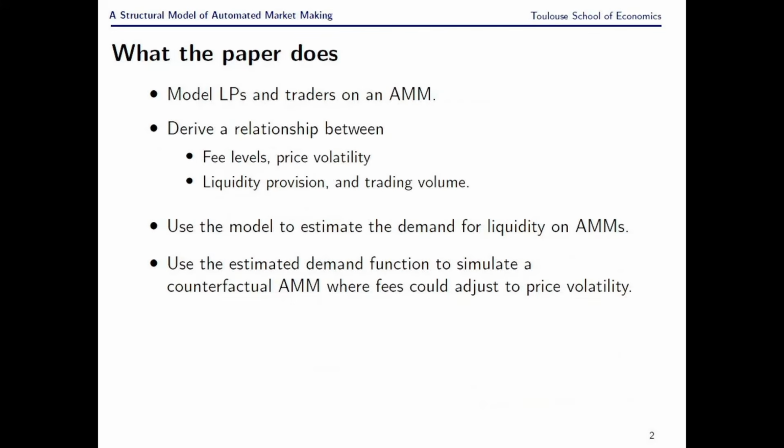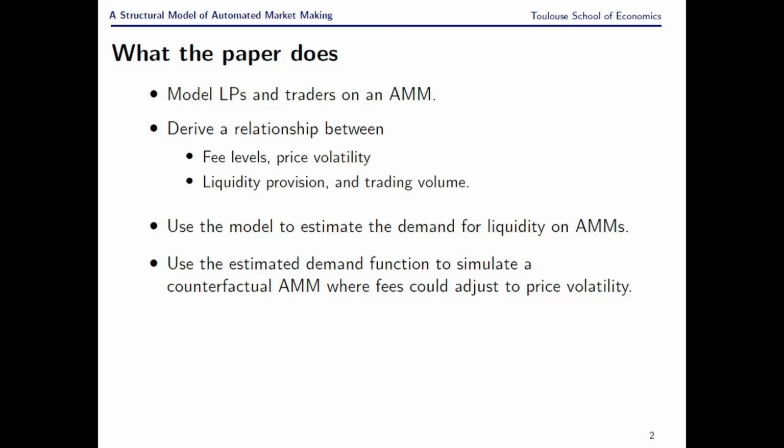So the way the paper does this is they first write a model of liquidity providers. That's the part which is really important: what are the incentives of these liquidity providers to come in and to put the cryptos into these pools.